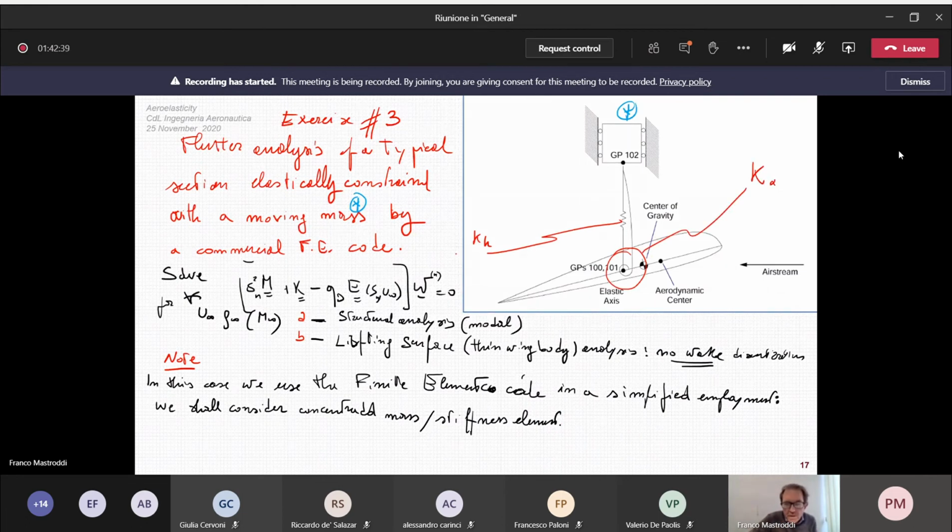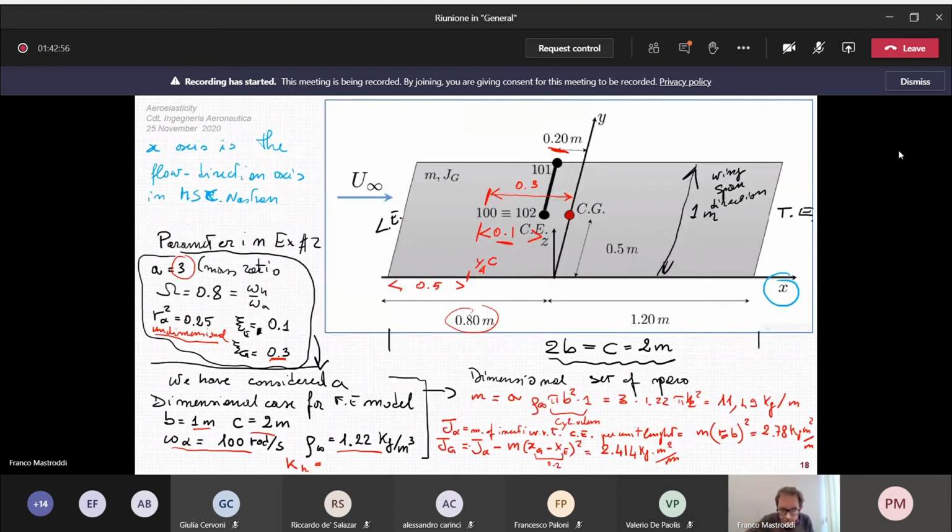These quantities are in Newton per meter per meter, because we have all the parameters per unit length.